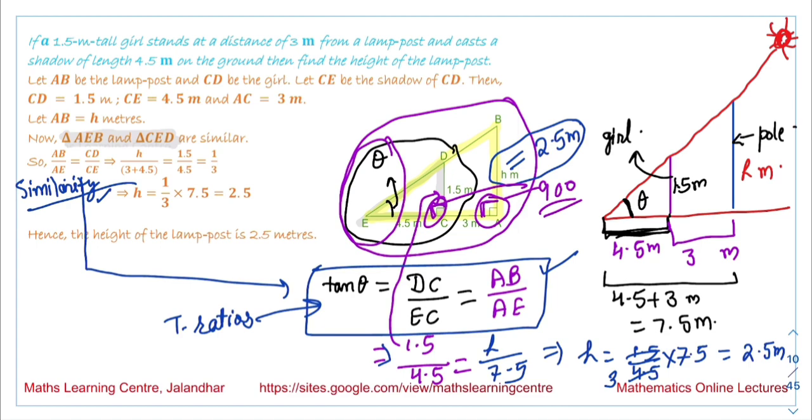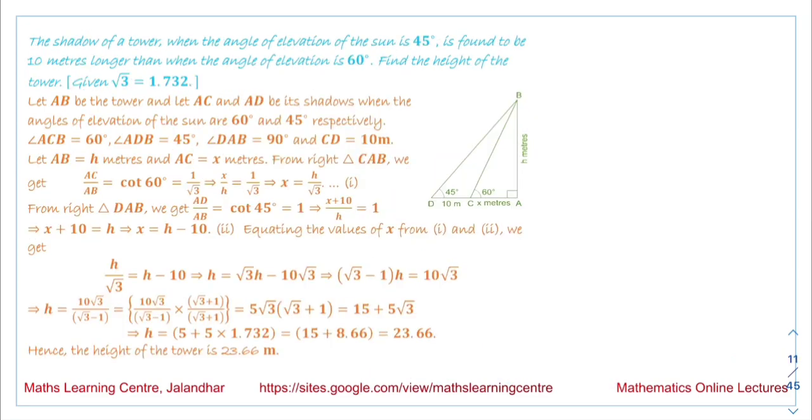Now in this question it is given that the shadow of a tower when the angle of elevation of the sun is 45 degree is found to be 10 meter longer than when the angle of elevation is 60 degree. Suppose we are talking about a tower. At some instant of time the position of the sun is at this point, and after some time the position of the sun is at this point.